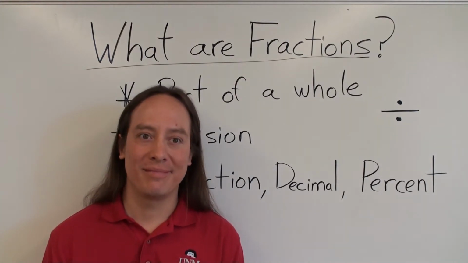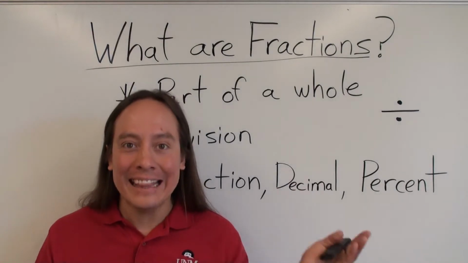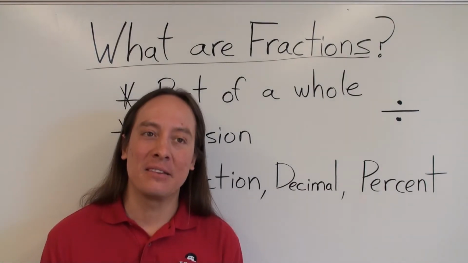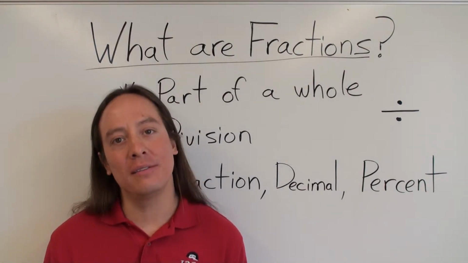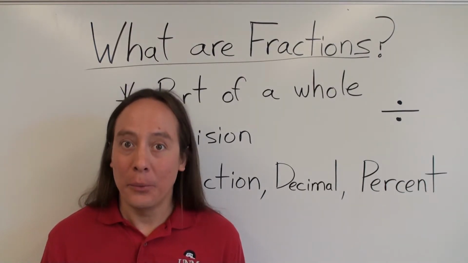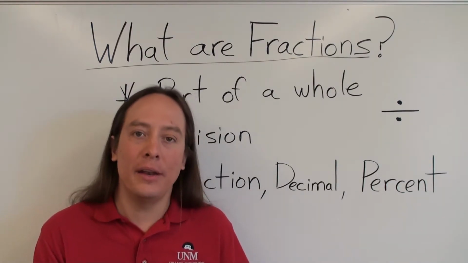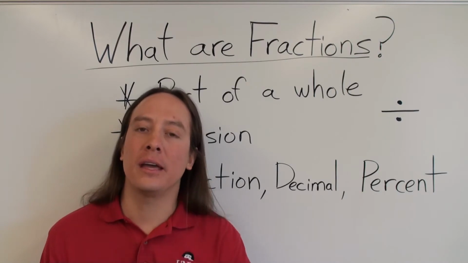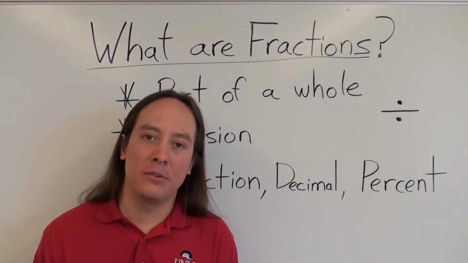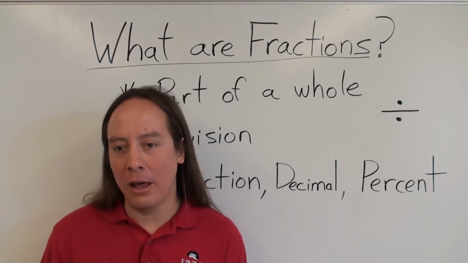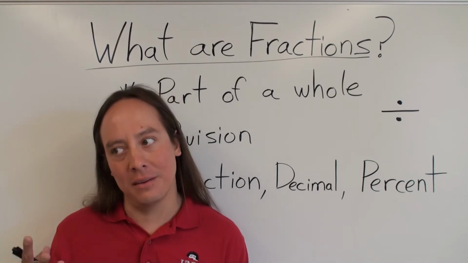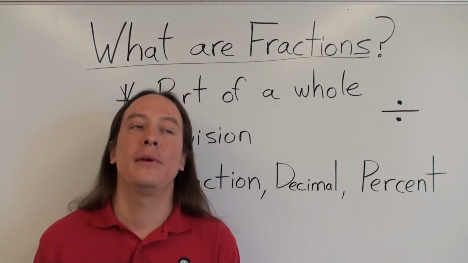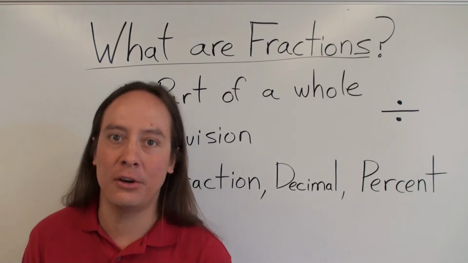No. The whole needs to be one thing, not 10 things, right? So, in other words, the whole in this little example that I just made up was the run, or his daily run. That's the whole thing. Okay? So just pay attention to that, and I think that really helps solve a lot of the fraction word problems if we can just identify what the whole is first, okay?